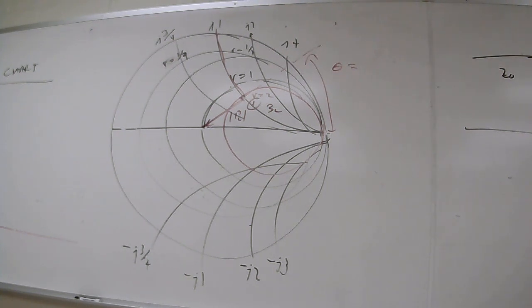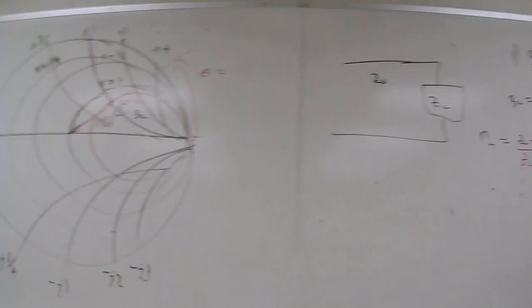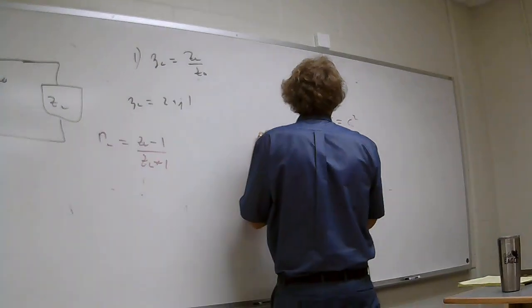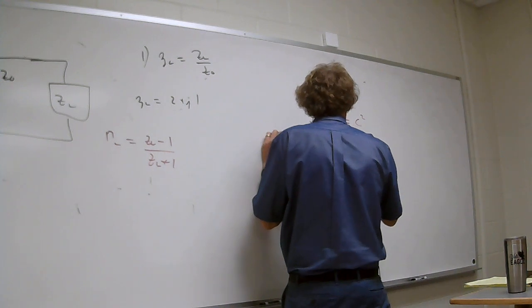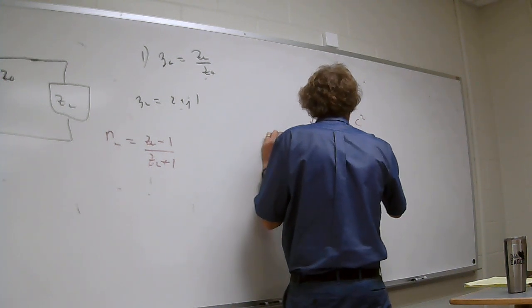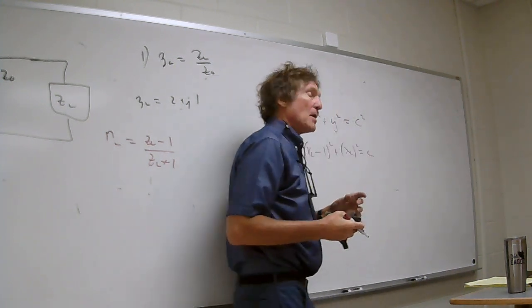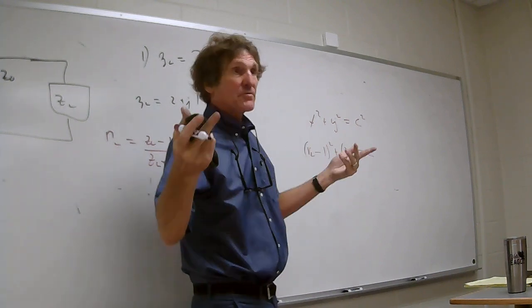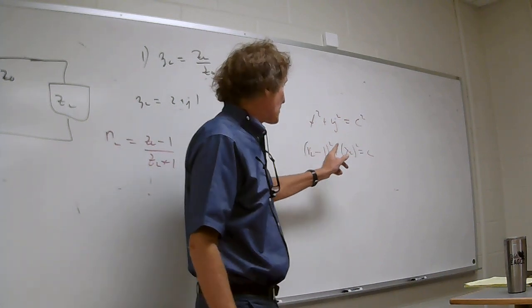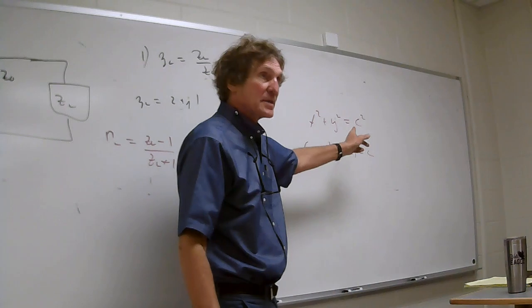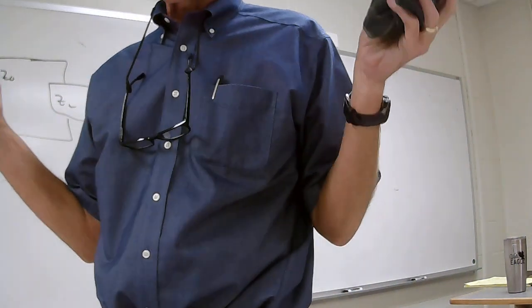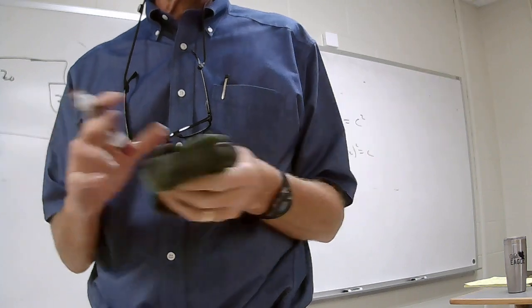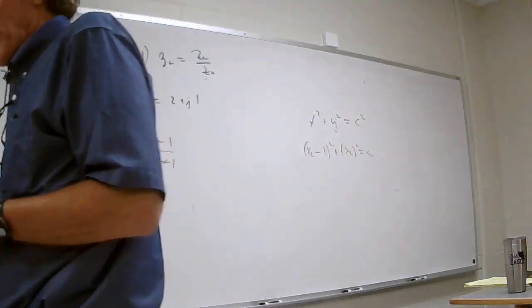For these, we have real and imaginary parts, so it's going to be RL minus 1 squared plus XL squared equals a constant. These trajectories I'm talking about are really plotting the real and imaginary components at a constant reflection coefficient. I'm not going to spend much time on that. You can read this on your own, but that's where this comes from.